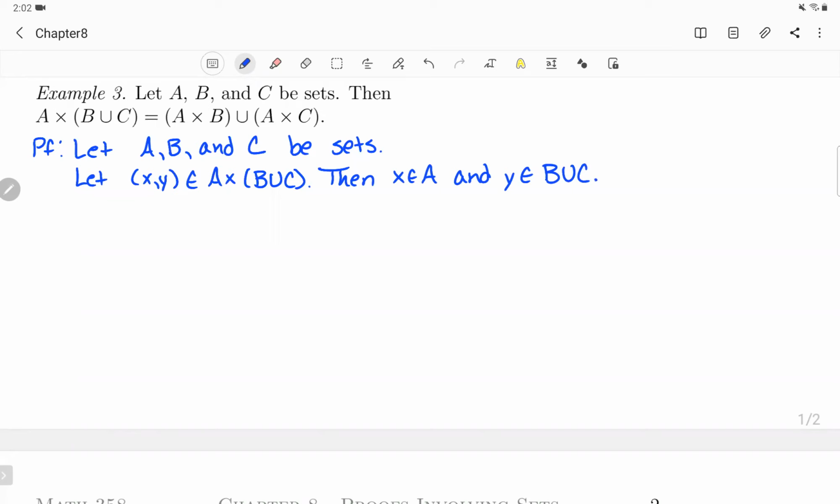But let's use that definition of union. What does the definition of union tell me about y?